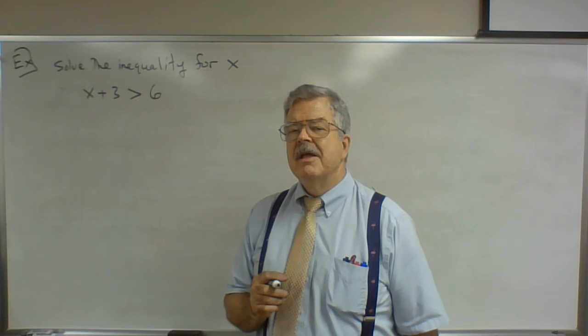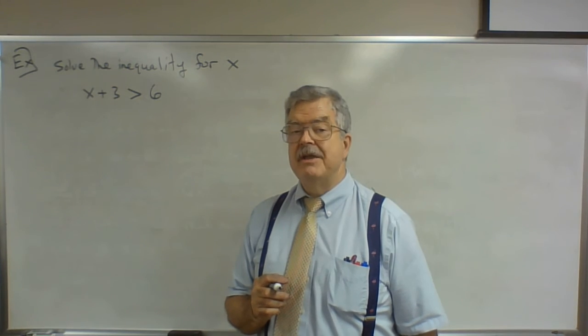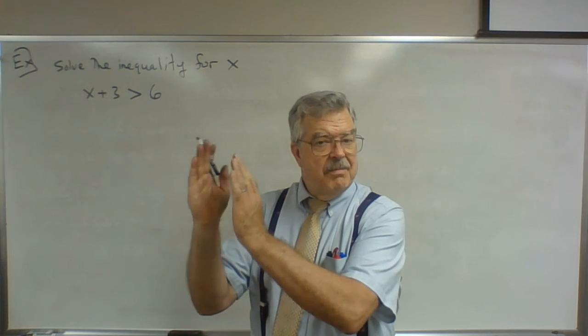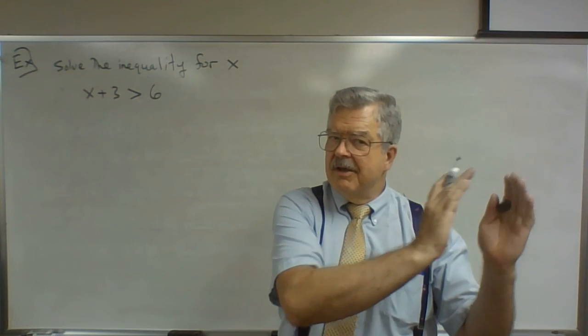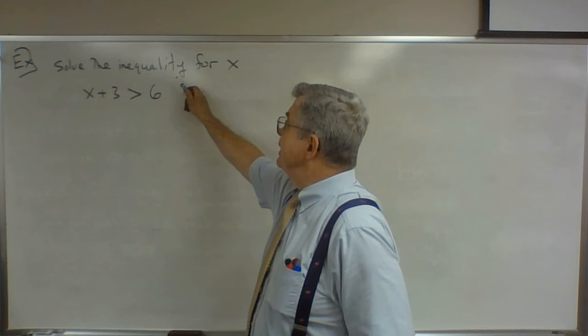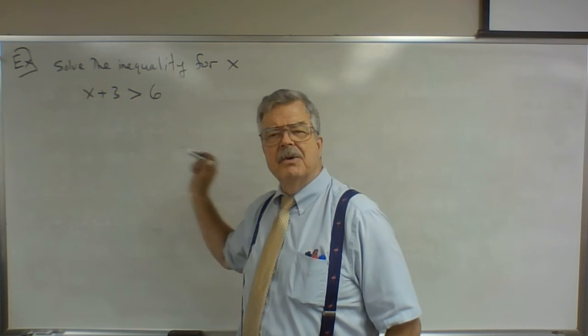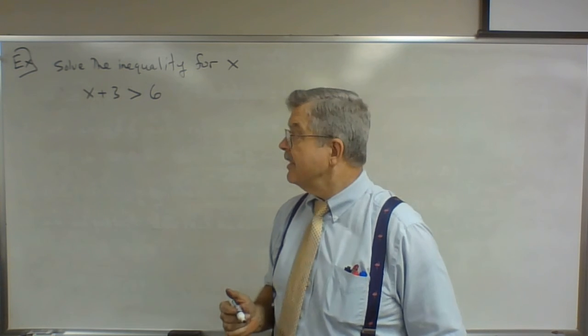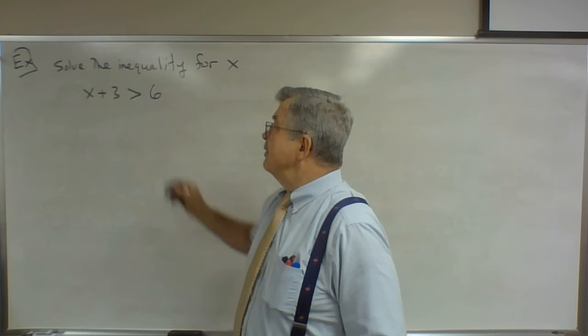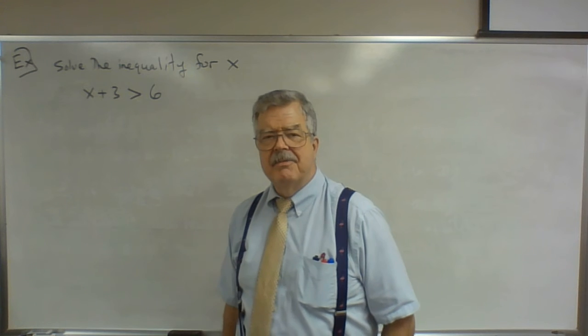Just like if we're solving an equation for x, we get x by itself on one side of the equation and everything else on the other side. When we solve an inequality for x, we get x on one side, everything else on the other. So that's what I want to do. I want to get x by itself.